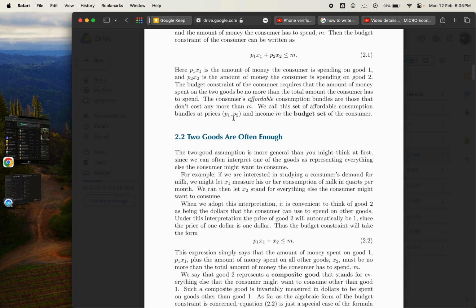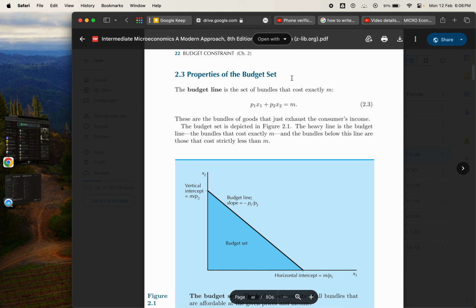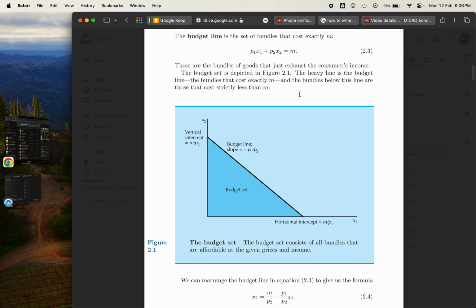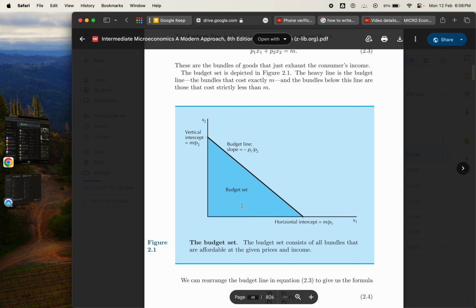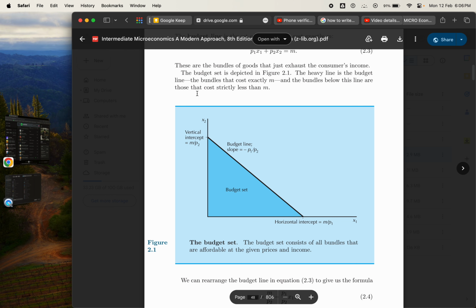But the budget line is the set of bundles that cost exactly M. And we show it like this on an x and y axis. X is your good one and y is your good two.